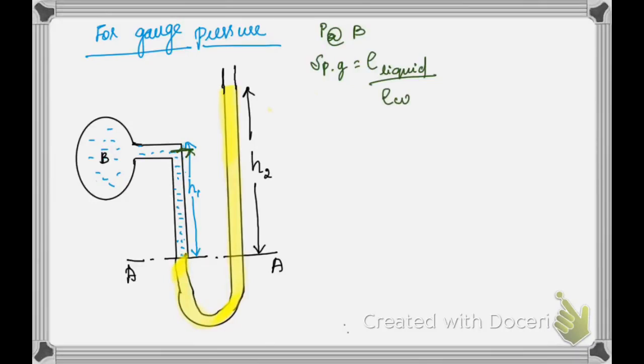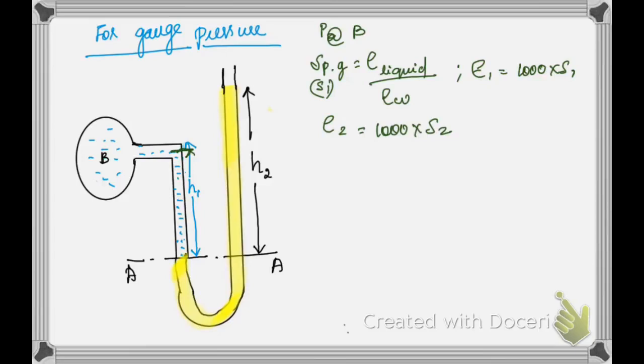Rho 1 will be the density of the light liquid, and rho 2 will be the density of the heavier liquid. So rho 2 will be equal to 1000 into S2. These things we have seen already. And rho 1, the other liquid, is 1000 into S1. So I am taking the specific gravity of the light liquid as S1, and the specific gravity of the heavier liquid as S2.